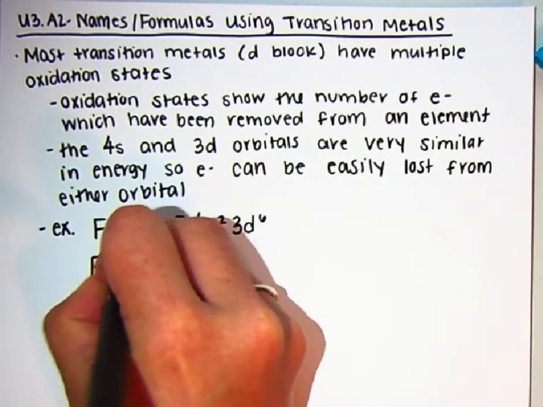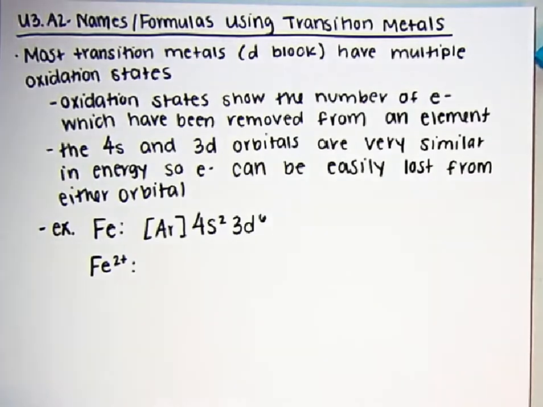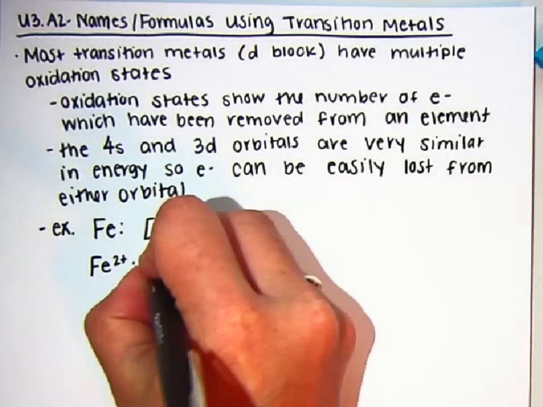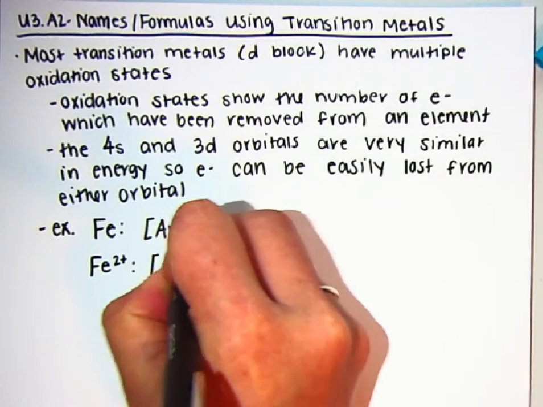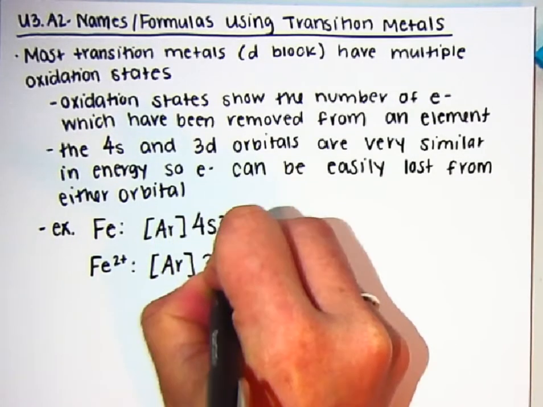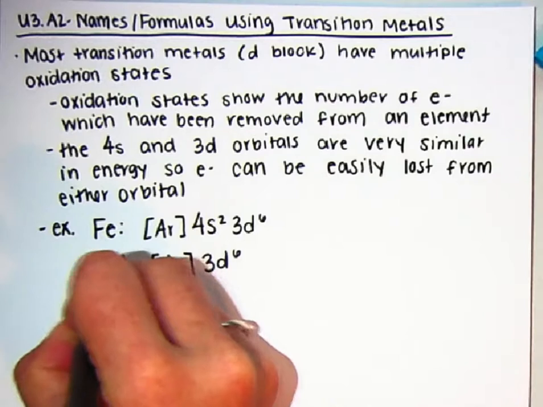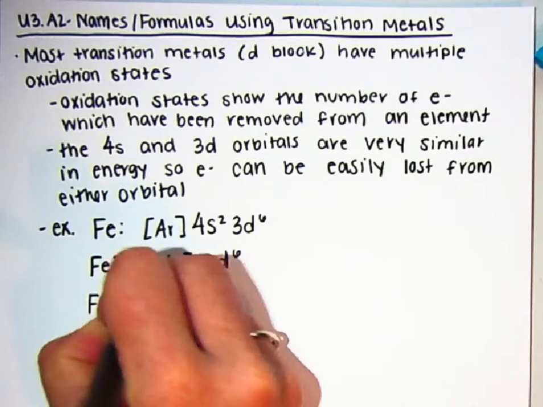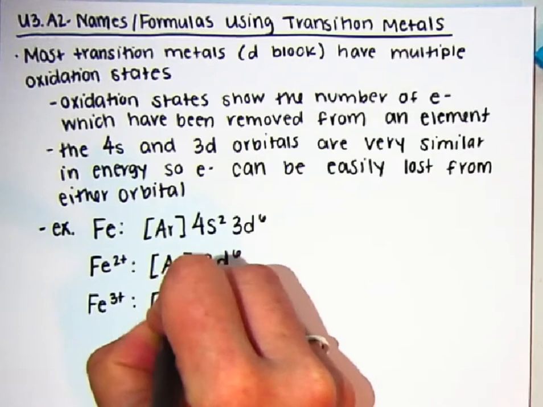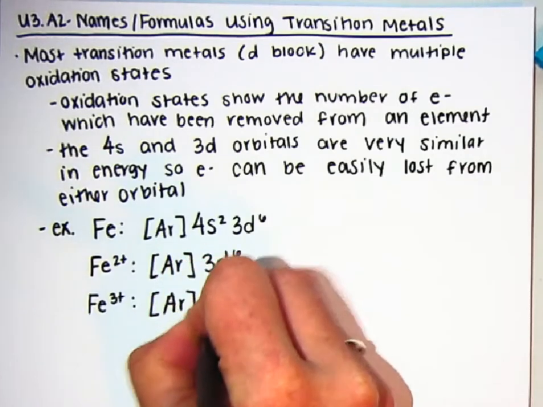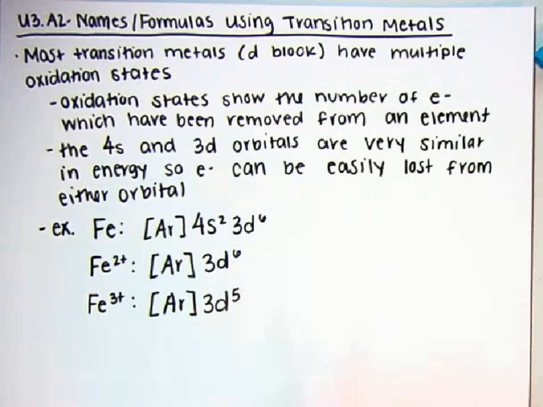So iron can lose 2 electrons from the 4th energy level. And if it loses 2 electrons from the 4th energy level, its electron configuration would now be argon 3d6. Since it lost 2 electrons, it would have a charge of 2+. Well, that 3d orbital is very similar in energy, so iron can also lose an electron from that 3d orbital, and it would be argon 3d5.